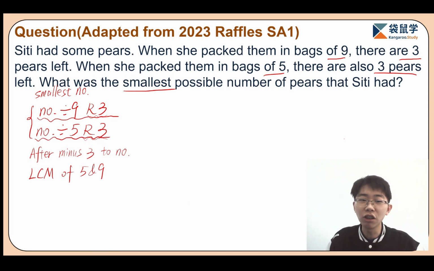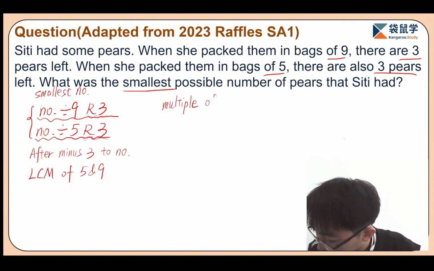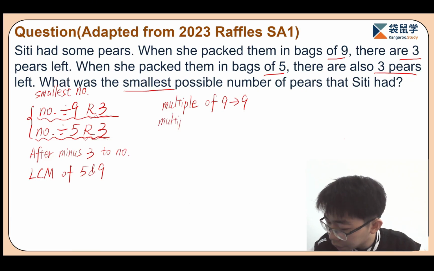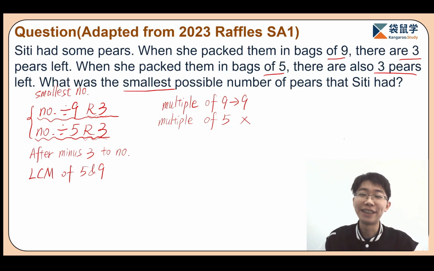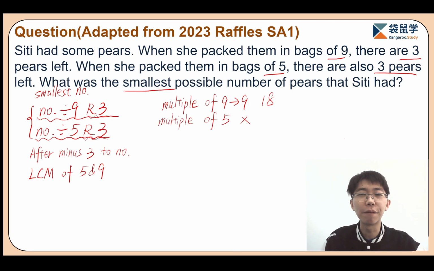To find this out, we list down starting from the multiples of 9 first. The first one is 9, of course. Then let's check, is this also a multiple of 5? Of course not. Then we move on to the next multiple of 9, which is just 18. Is this a multiple of 5?